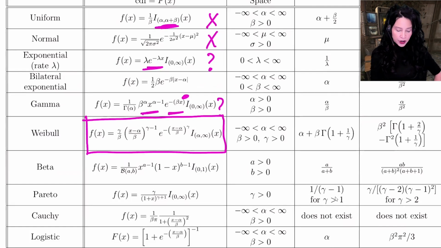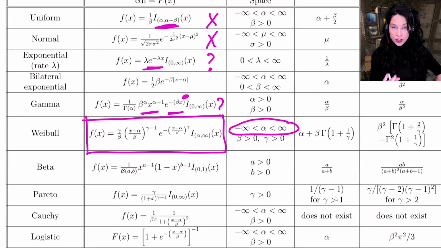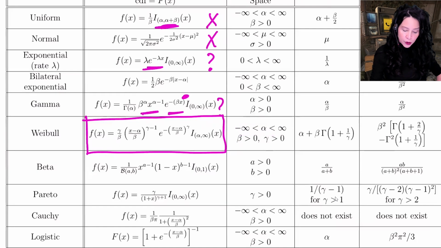This looks maybe more complicated than we need, but we don't have this minus alpha kind of thing going on, and we don't have an indicator from an alpha to infinity, or do we? We have 0 to infinity. And if we take alpha to be 0, which is allowed, if you look over here, the parameter space is usually alpha greater than 0, but here it's minus infinity to infinity. So it is okay to take alpha equals 0. Then I think we might have it.